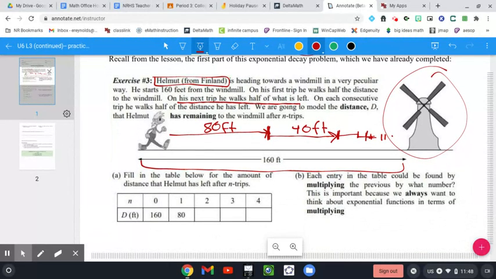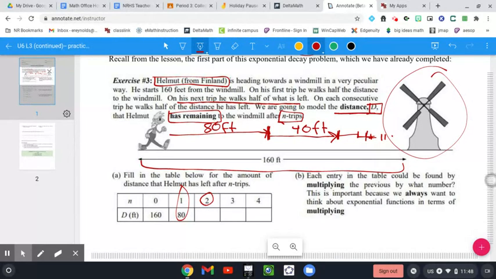So we're going to model the distance, which is represented by the letter D, that Helmut has remaining to the windmill after n trips, right? So when n is 0, he's 160 feet away. When n is 1, that means he's taken one trip, so he's at 80 feet. And then at n equals 2, that's 2 trips.